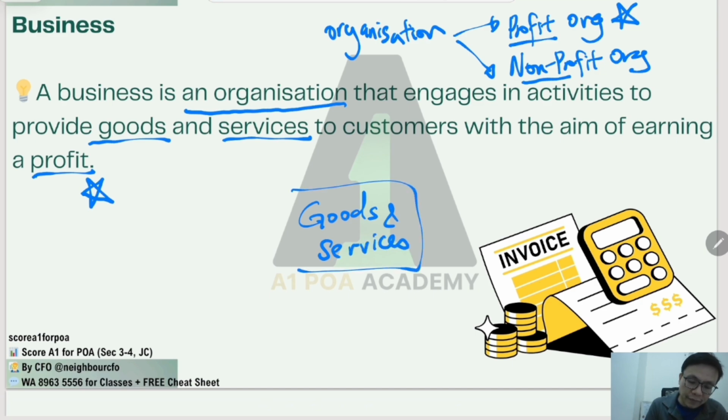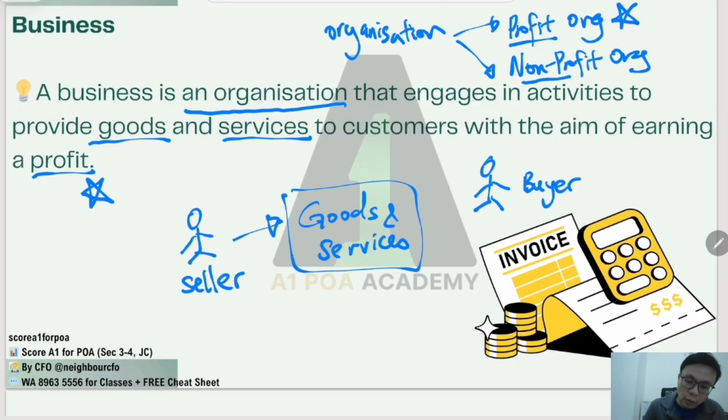So we understand from the layman perspective that there's always a buyer and a seller. The seller will deliver the goods and services to the buyer, and therefore the buyer will then pay the seller because the buyer would have consumed the goods and the services. He or she would have benefited from the goods and services provided by the seller, and as a result, he or she has to pay the seller in monetary terms.